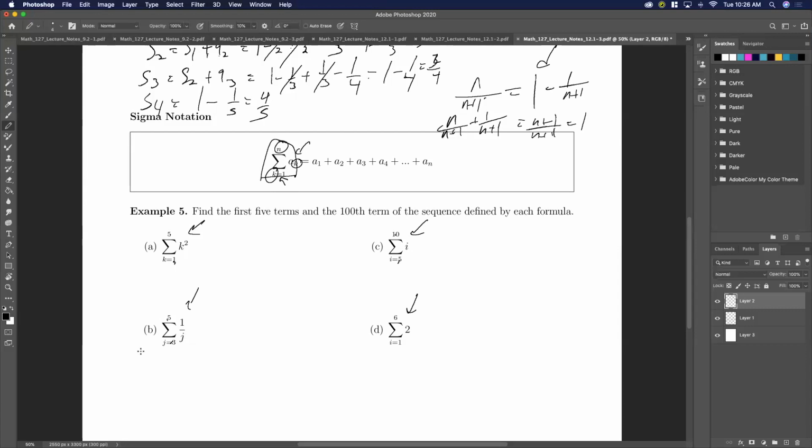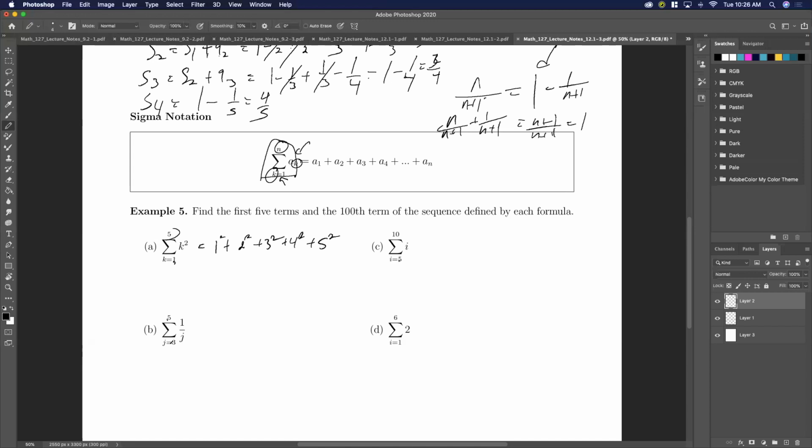Let's erase some of my arrows. This one's easy to explain as we do it. If we have k equals 1, I add up 1 squared, which is 1, plus 2 squared plus 3 squared plus 4 squared plus 5 squared, and then I've hit my ending number, so I stop.